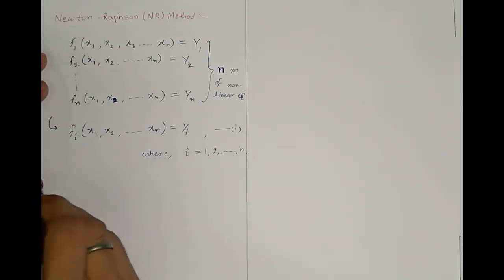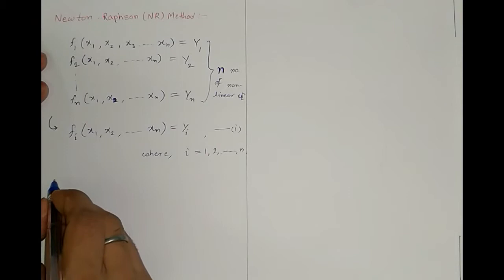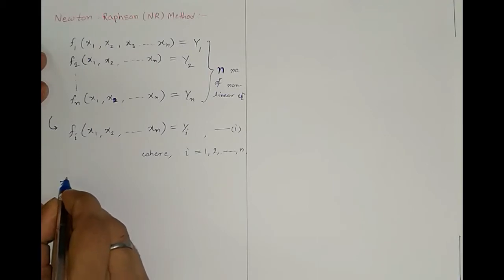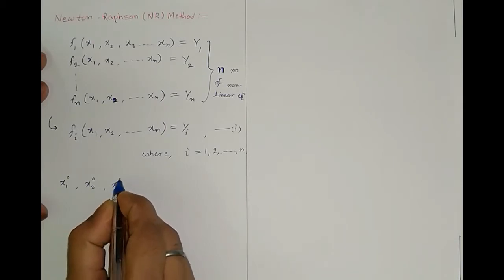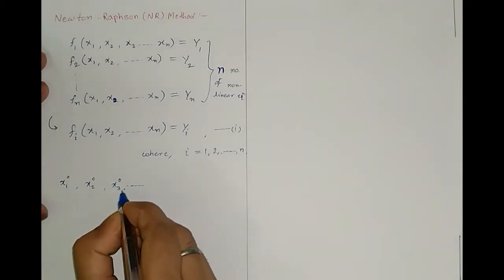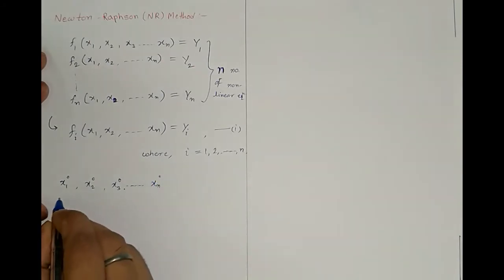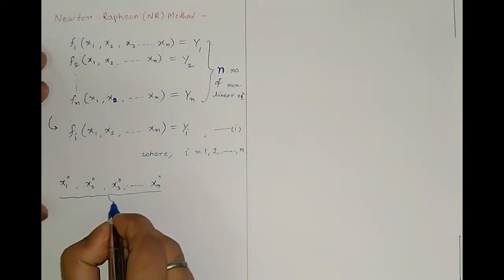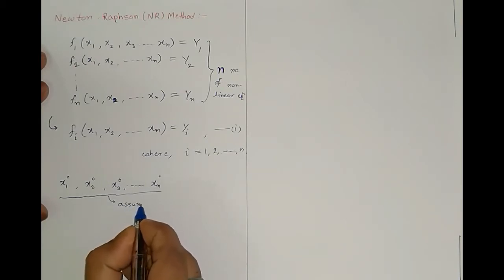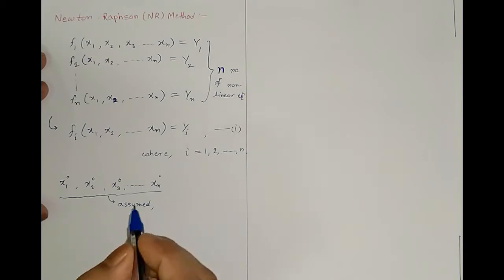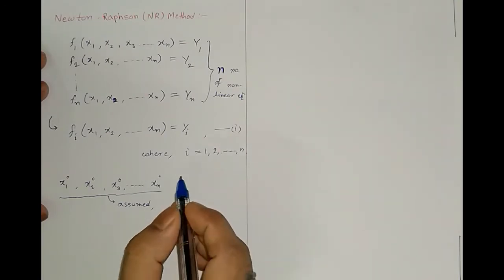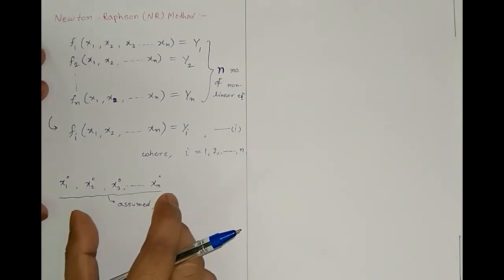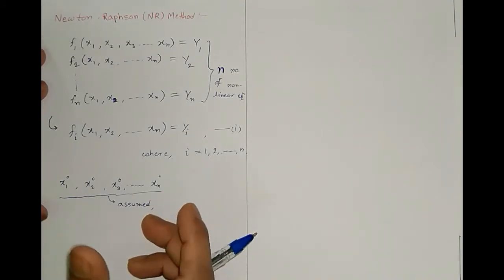So let us assume initial solutions like x1(0), x2(0), x3(0), and so on, xn(0). These are the solutions we have assumed. Obviously this solution may or may not be the exact solution.